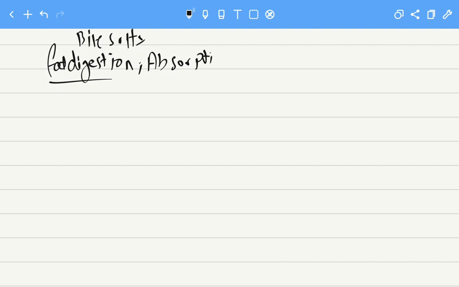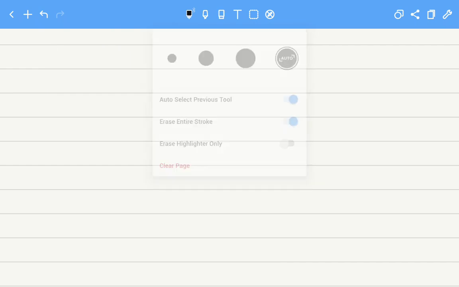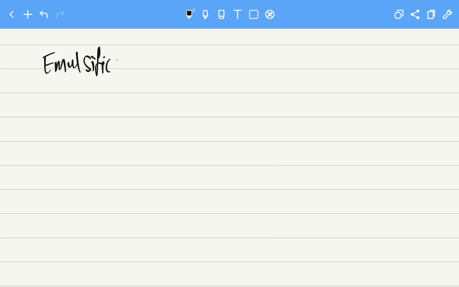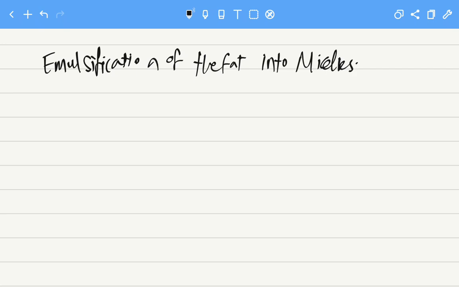It forms micelles, which help fat absorption and digestion by emulsification of the fat into micelles. Thus, it greatly increases the surface area and helps the action of lipase enzymes.